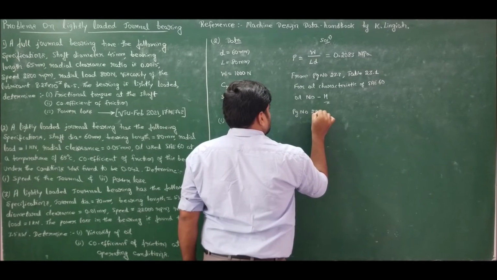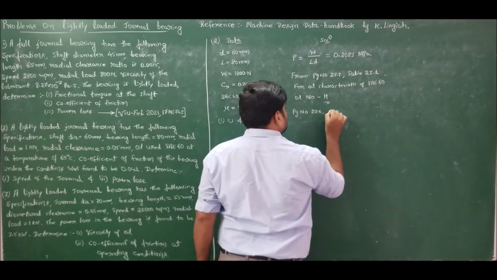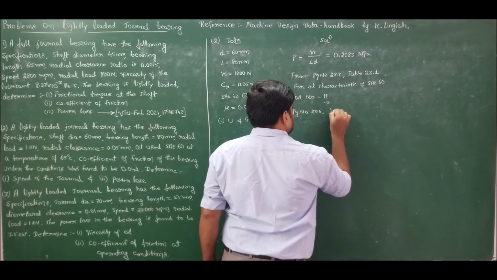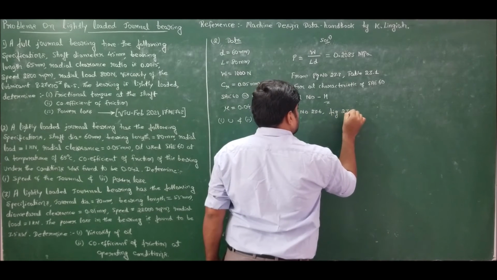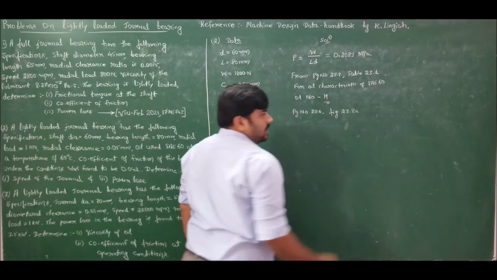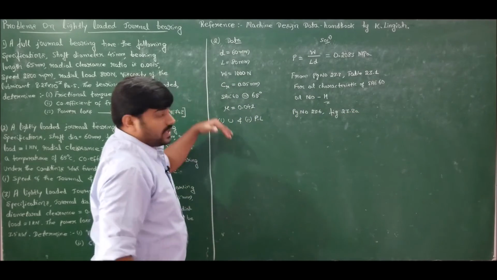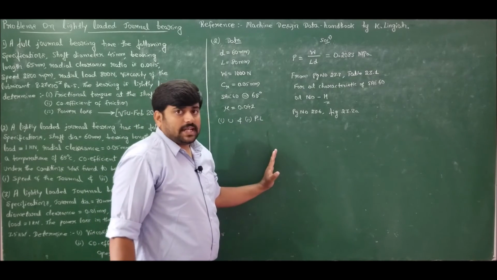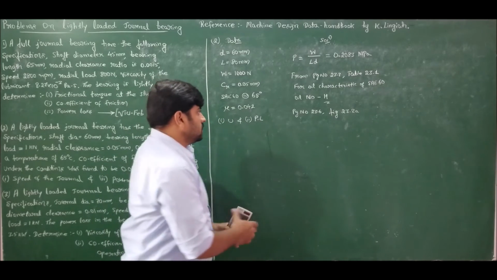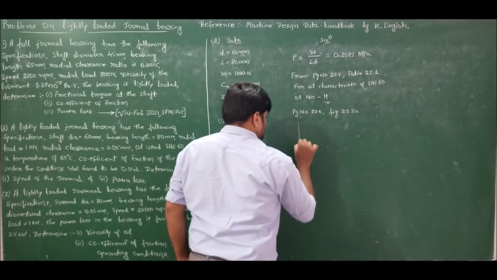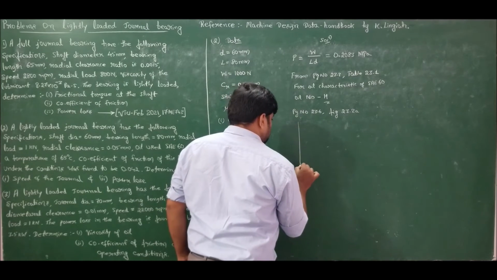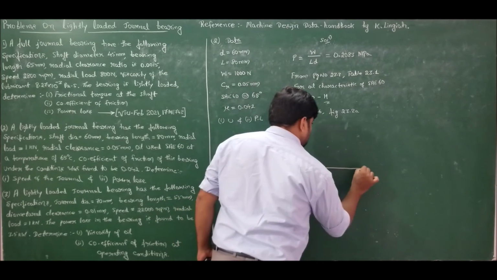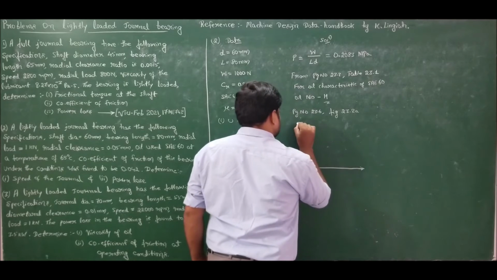Now referring to page 23.6 and figure 23.2a, we have a graph of absolute viscosity in centipoise versus temperature, that is operating temperature.